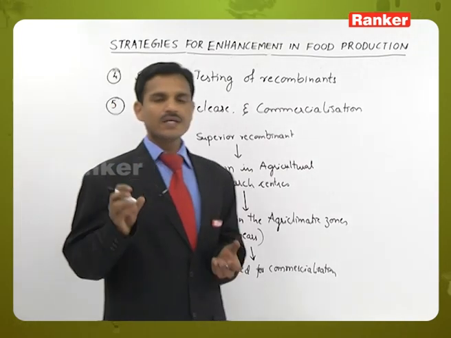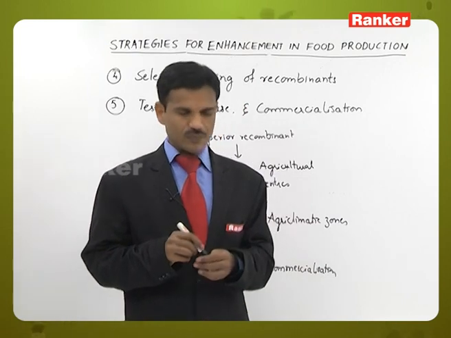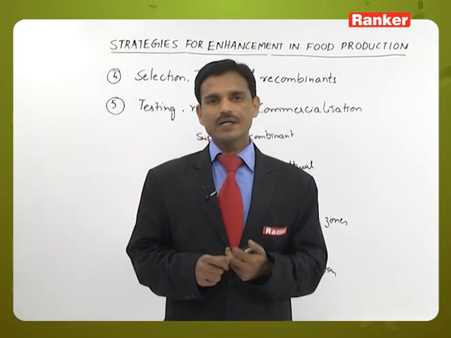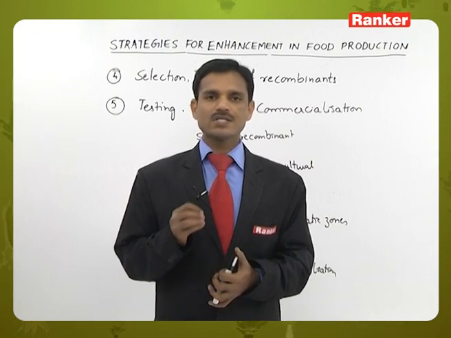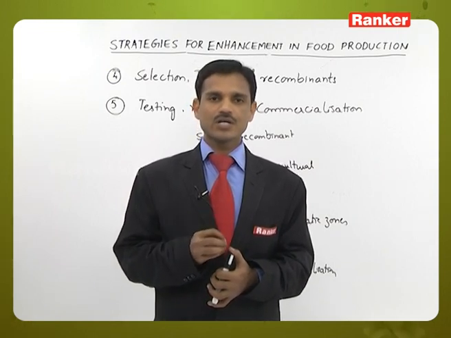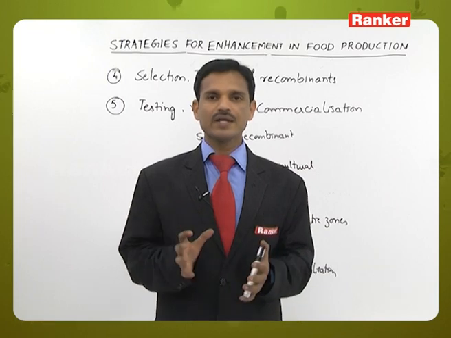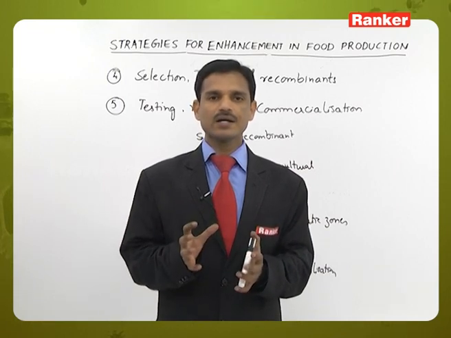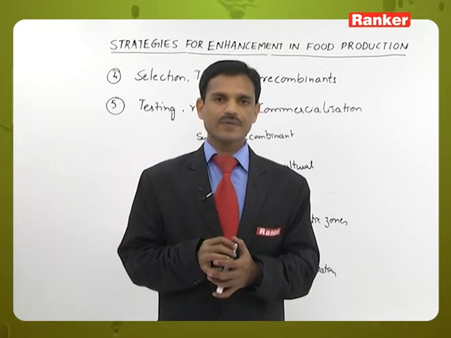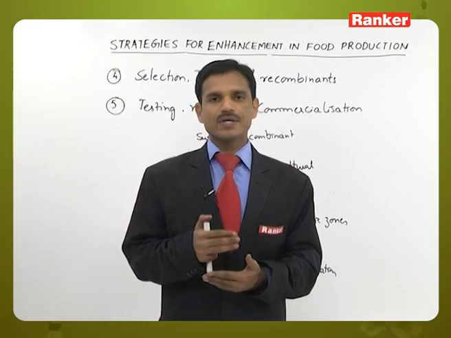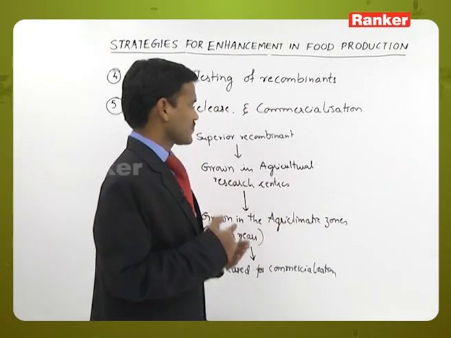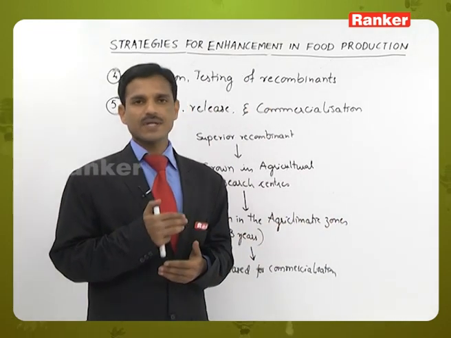In the plant breeding technique, there are 5 steps. The first step is germplasm collection, where different varieties with variable qualities are collected. The second step is that selected plants are used as parents.